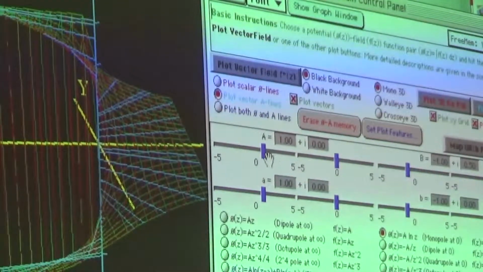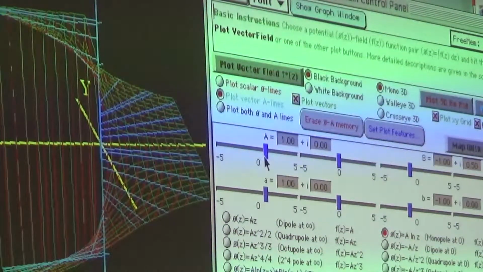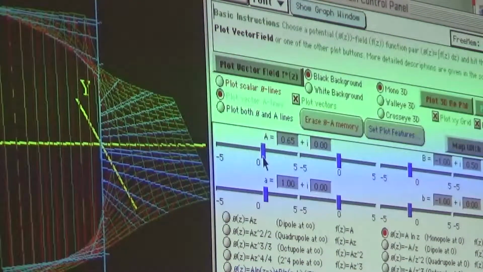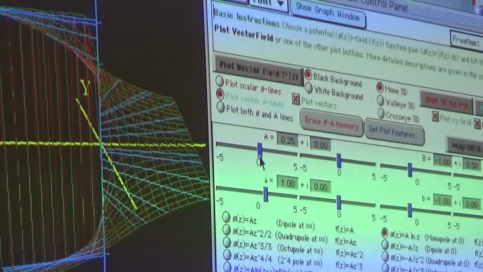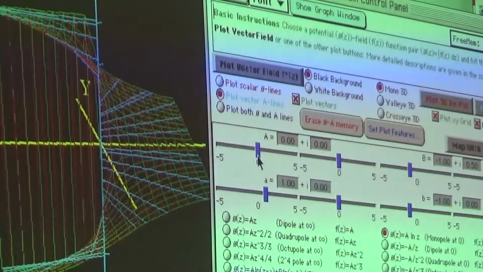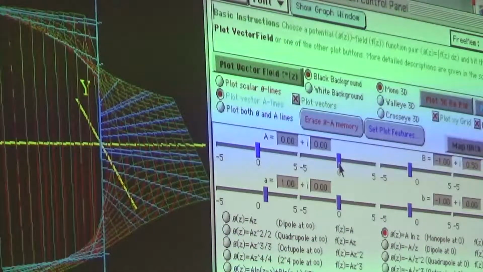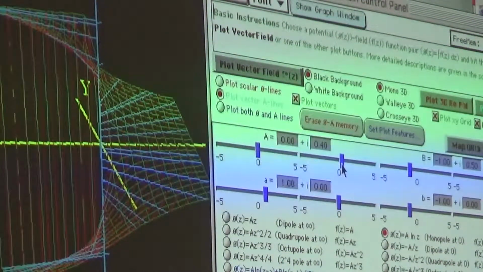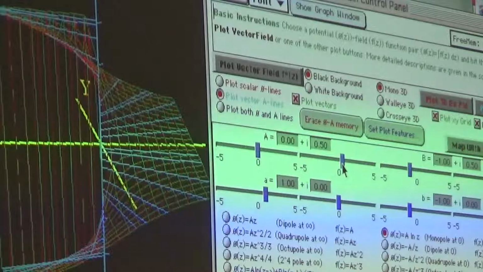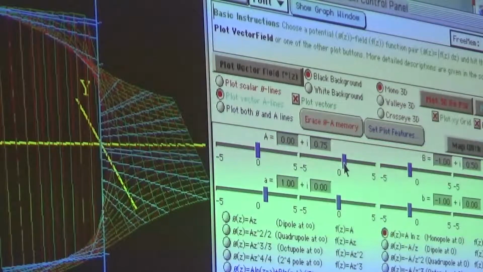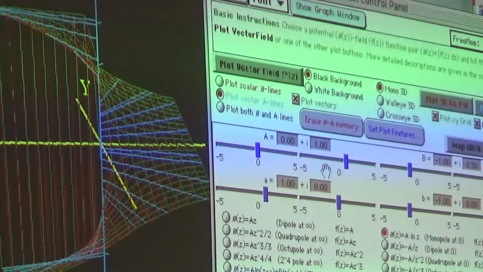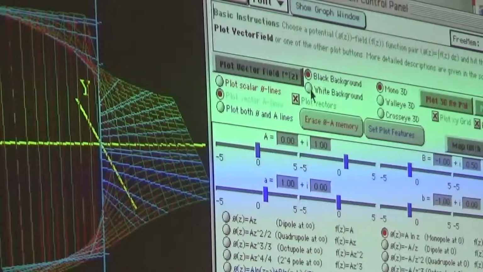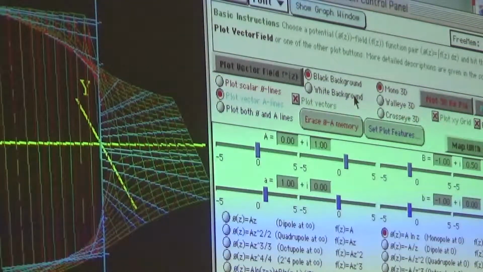But what I'd like to do is bring this right here to 0, and bring this one to 1. Let's just let it be 1. Okay? And so let's see what this looks like when we plot.